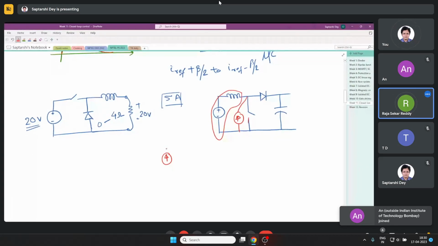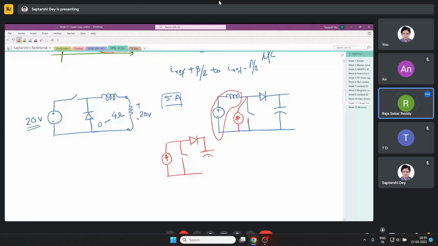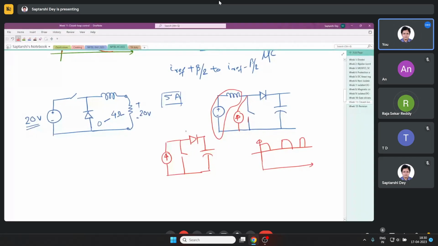Why? Is it a constant current source? It's like this. When I am drawing the switching like this, I am drawing the diode current.